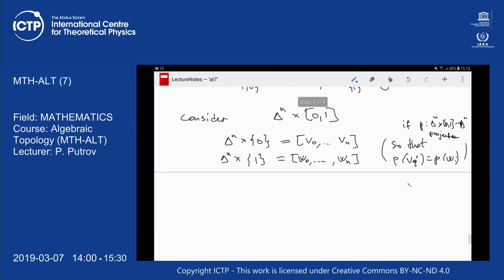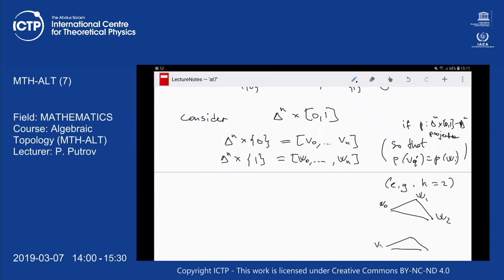So geometrically it means, for example, let me draw a picture when n equals 2. So this space looks something like this. We have a simplex here, which has vertices. At the top we will have vertices W0, W1, W2.